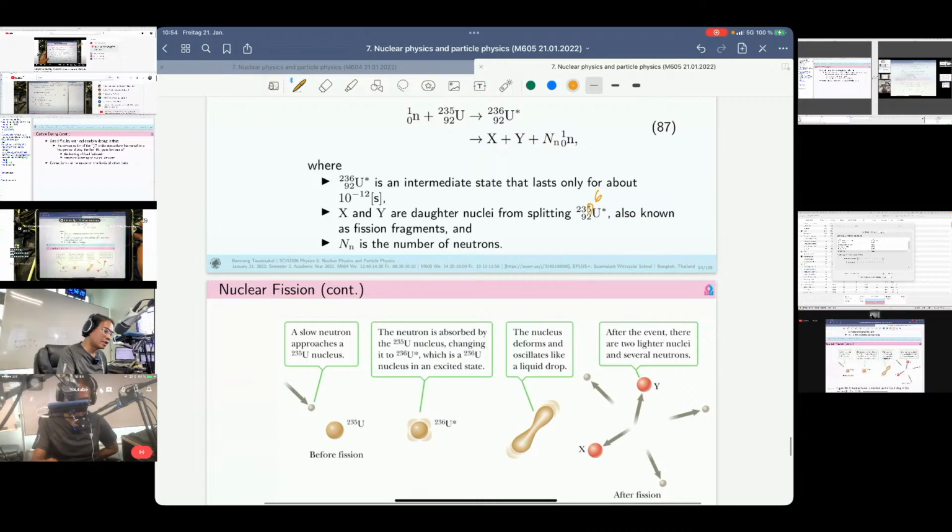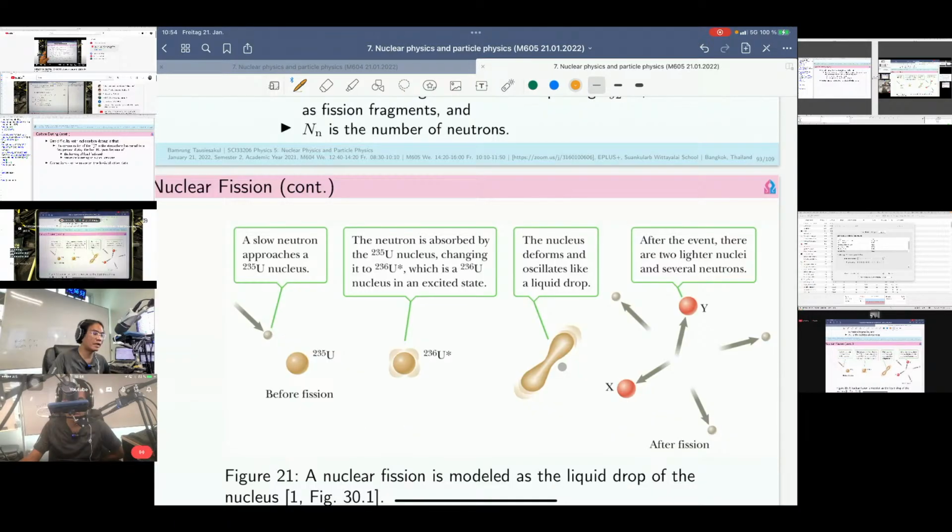Once the vibration gets stronger and stronger, the nucleus deforms itself to become like a liquid drop, or water drop. When there is vibration, the nuclear force may not be able to hold every proton and neutron together anymore, so they try to leave each other.